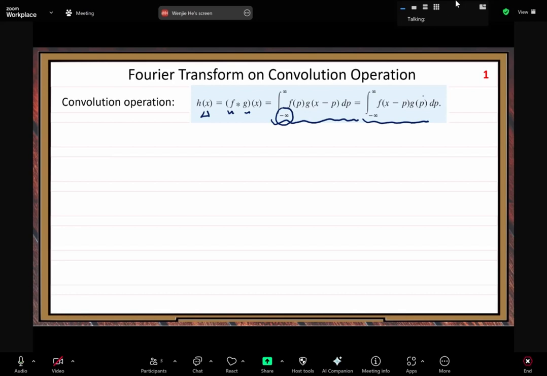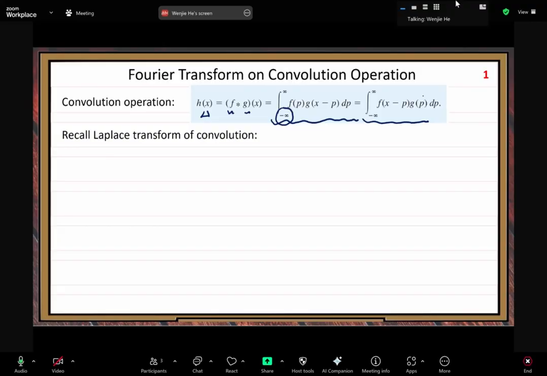With this convolution definition, we apply the Fourier transform on the convolution of two functions and see what would happen.